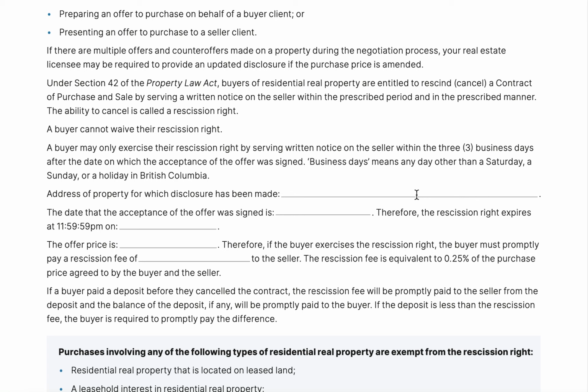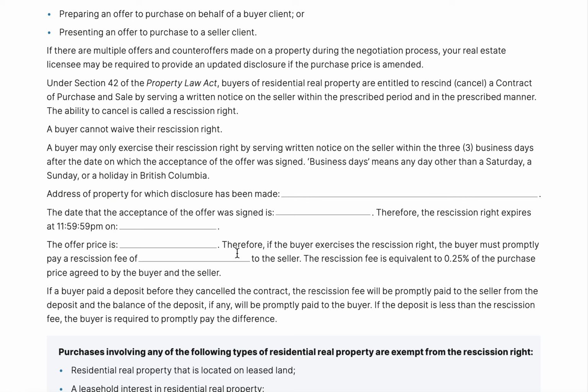This is the date of acceptance. 3 business days later will be listed here. There is a calculator on the BC Real Estate Association website, which a lot of agents use. It's advisable to use it, because it takes into account weekends and holidays. You basically type in the exact time and date of acceptance, and it tells you when the rescission period is up.